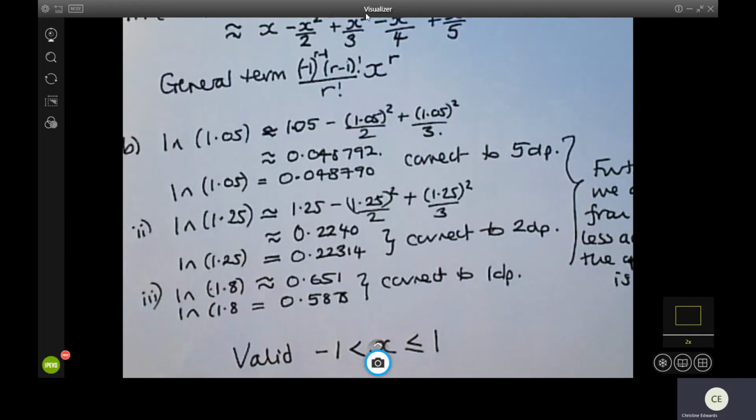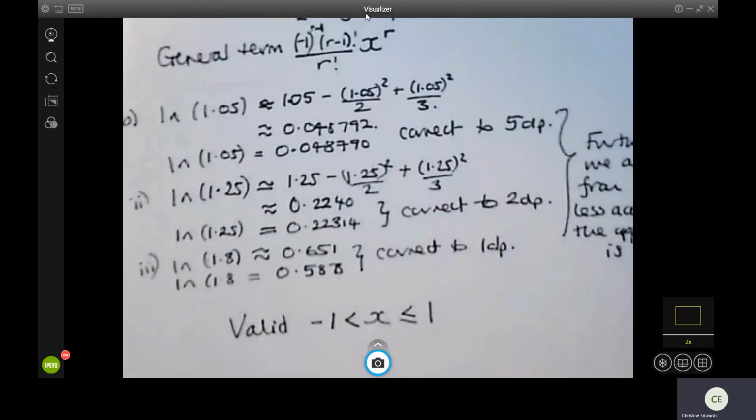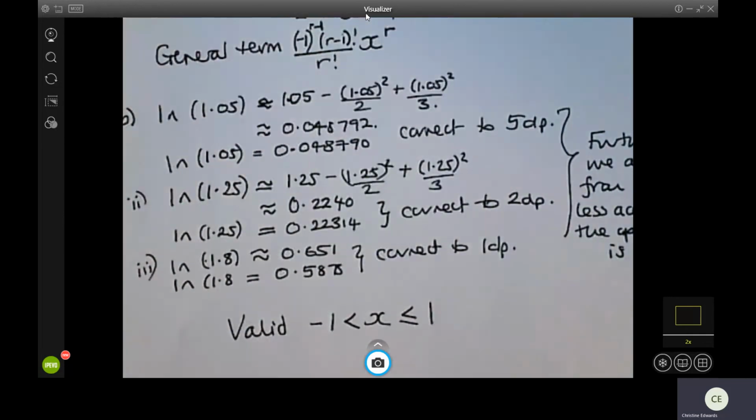So in a similar way to when you were doing binomial expansions, certain series were valid for a particular range. That applies with approximations using the Maclaurin series. So that's the first example.